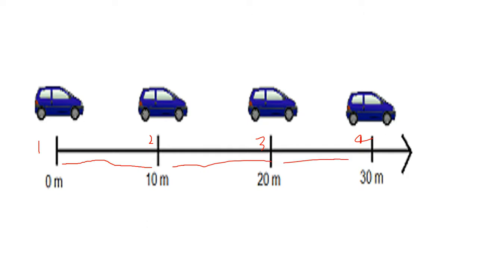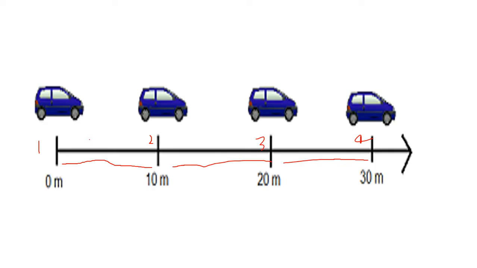and this distance are same. See, the difference is 10 meter, 20 meter and 30 meter. So he takes 2 seconds here, he takes 2 seconds here, and it takes 2 seconds to cover this distance also. So this car moves from point 1 to point 2, he takes 2 seconds and moves 10 meters.